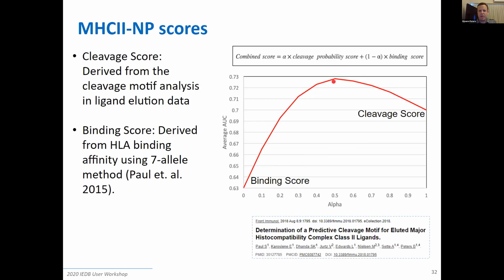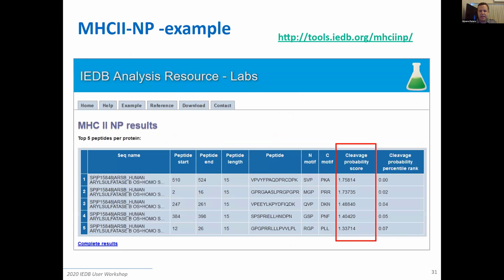And then you see in the combination here, you are getting better than either binding alone or cleavage alone, meaning the specific ligand made can be predicted and is predicted well by analyzing these motifs. So there are certain motifs, like having the proline directly preceding.